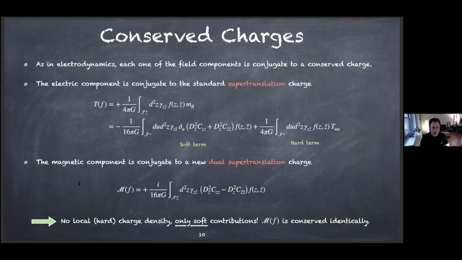Let me allude to the simplest way to understand it. This charge looks very much like the magnetic counterpart of the soft supertranslation term. We see that it's very similar to the soft supertranslation term, except that instead of a plus here, we have a minus, and there is an additional i here to make the charge real.